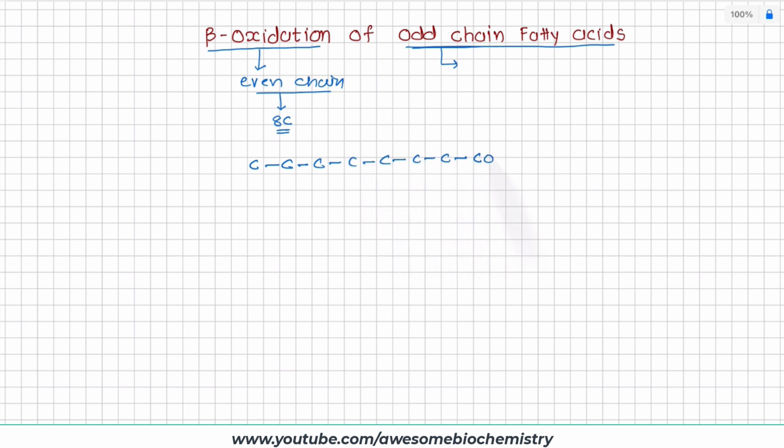Of course, this is the carboxyl group and this is the methyl group. Now we know that with each cycle of beta oxidation, 2 carbon units are separated. So the first beta oxidation cuts over here, the second beta oxidation cuts over here, and the third and final beta oxidation cuts over here. So at the end of the final beta oxidation, we get two carbon compounds.